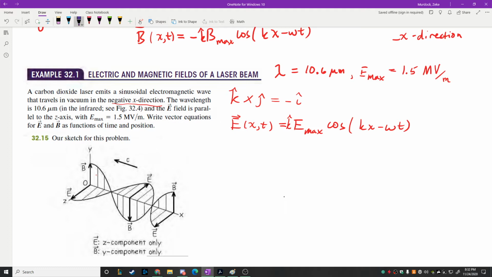First of all, how can I figure out what k is? It's the wave number, and what is it equal to? 2 pi over lambda, exactly. So that's easy enough. So k is going to be equal to 2 pi divided by our wavelength, lambda. Can you all calculate what that is for me?